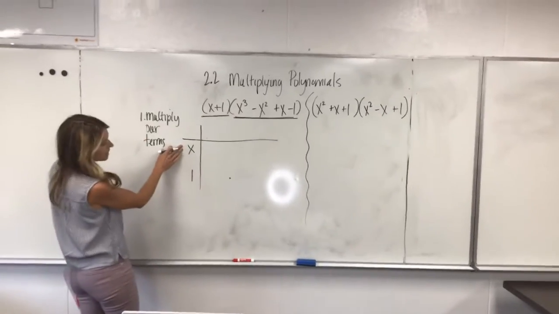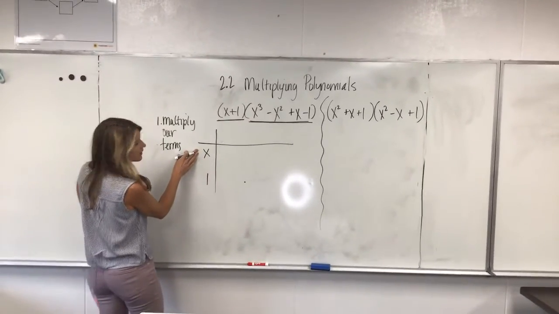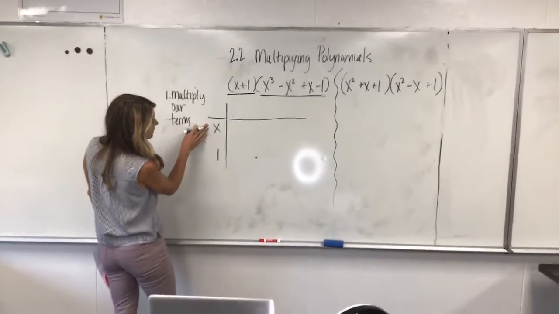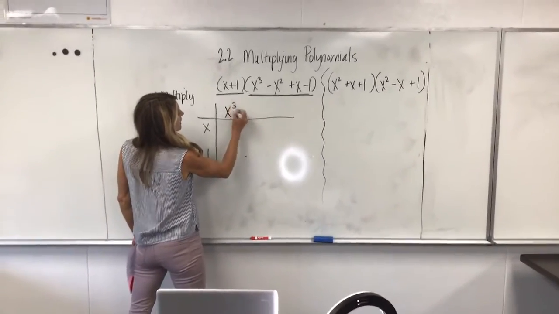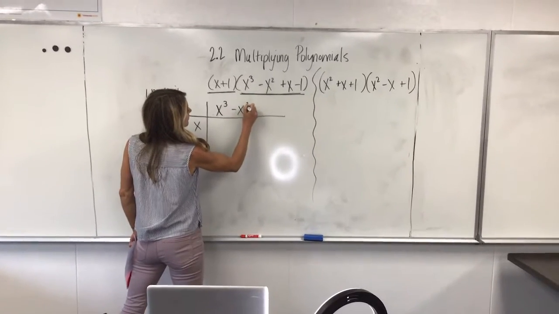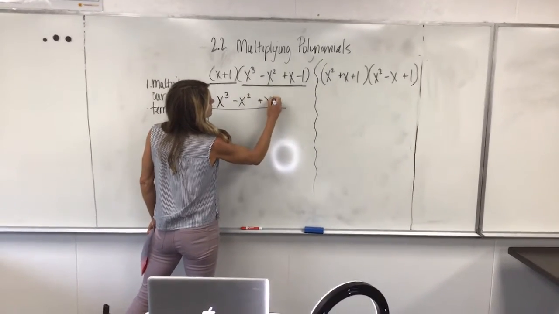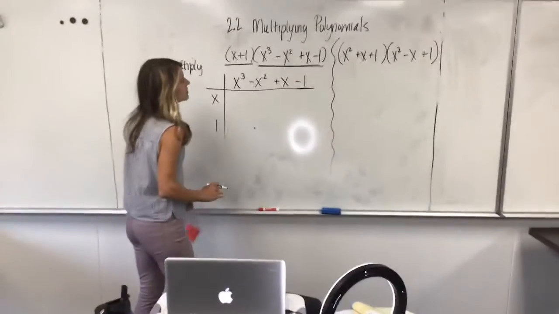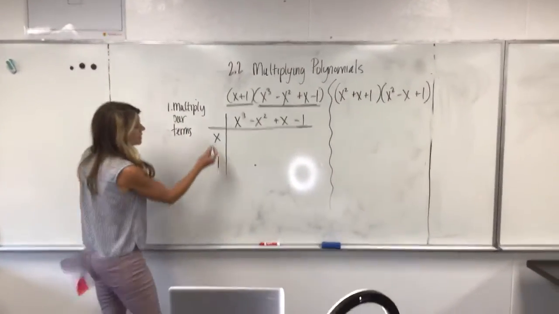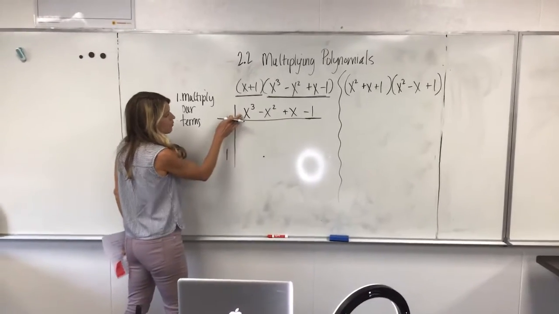So I'm writing, and you guys write as I write, okay? I want everyone engaged. So we're writing x plus 1 here, and then we're writing our terms from the next parentheses up here. Make sure we get those pluses and minuses, because we're going to need those, okay? So we're going to work our way across.